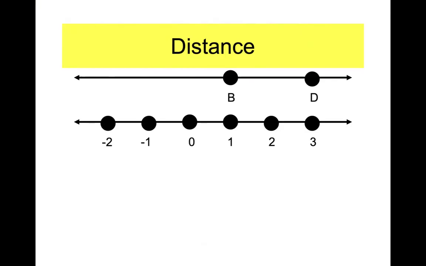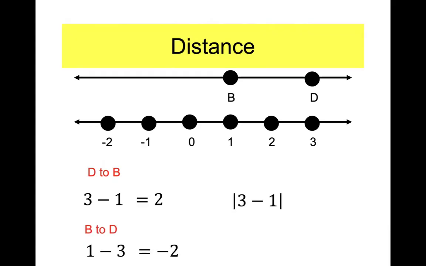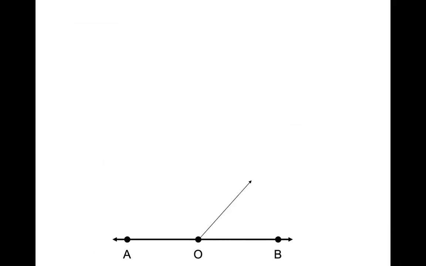Underneath B is 1, underneath D is 3, and you take the absolute value of those two numbers subtracted. So if we go from D to B, we subtract 1 from 3, or 3 minus 1, take the absolute value. Or if we go from B to D, it's the same distance. 1 minus 3 is -2, we take the absolute value. Remember doing that? Okay.